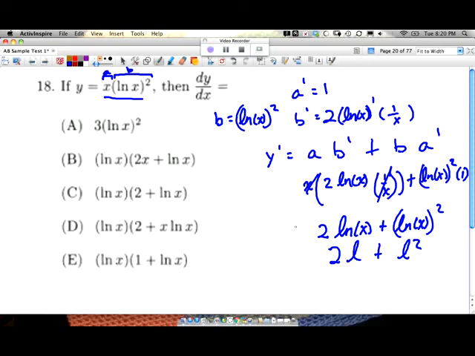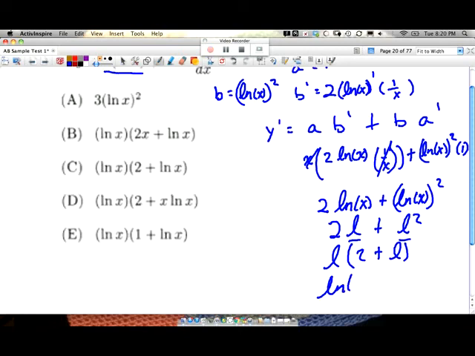And that's not 3l squared. We can't combine it that way. But I could factor out this natural log of x. That would be like l times 2 plus l. Or if we were to bring that back, that's natural log of x times 2 plus natural log of x. That looks like, is it this one, C? Yes, it is. There we go.